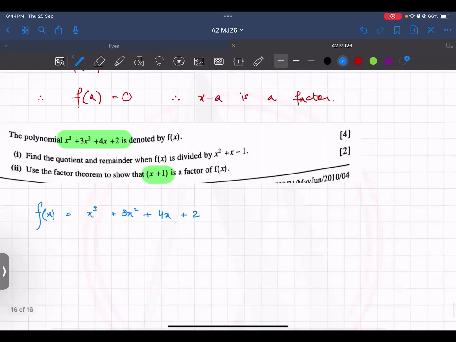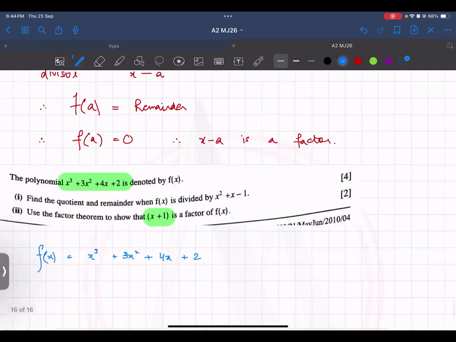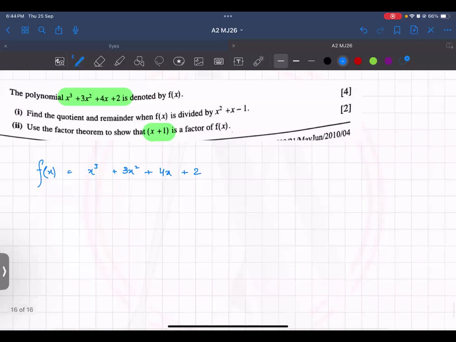If the divisor is x plus 1, first of all you find the value of x. So x plus 1 equals 0. You solve for x, and x comes out as minus 1.